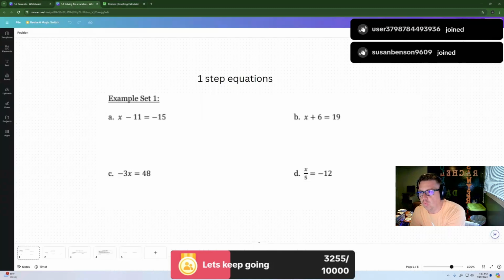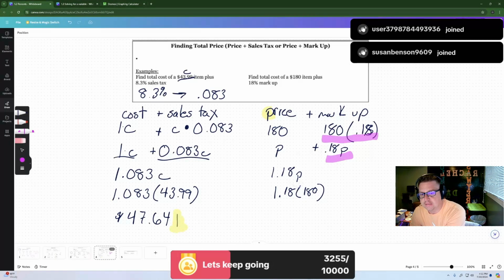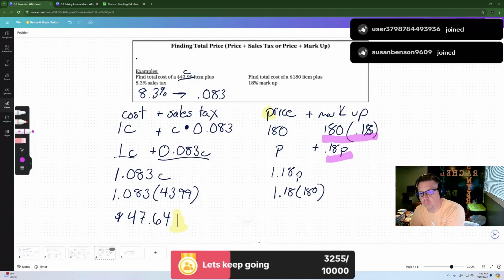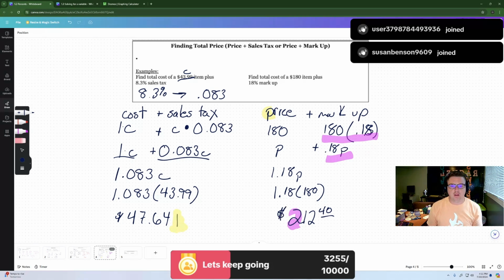So we did 1.18 times 180, and we got 212 and 40 cents. So 212 and then 40 and change. And that is our cost plus the markup, the 18% markup.